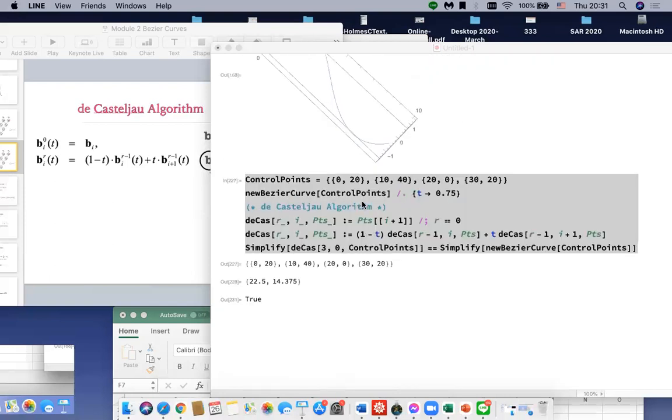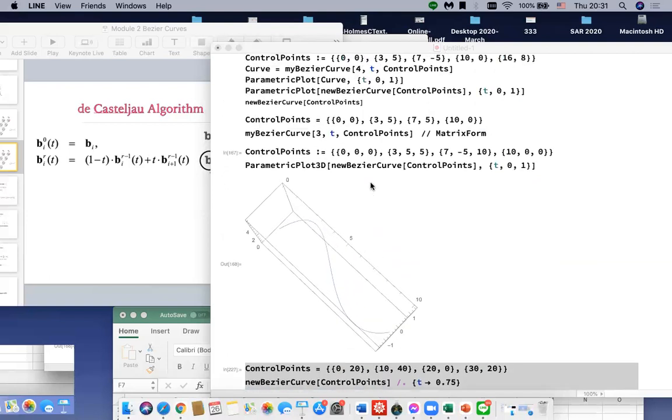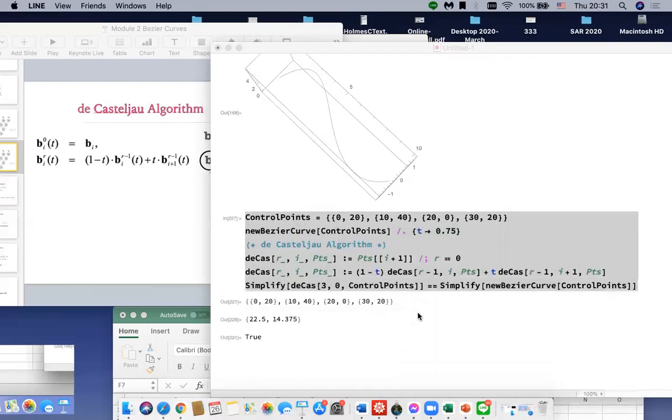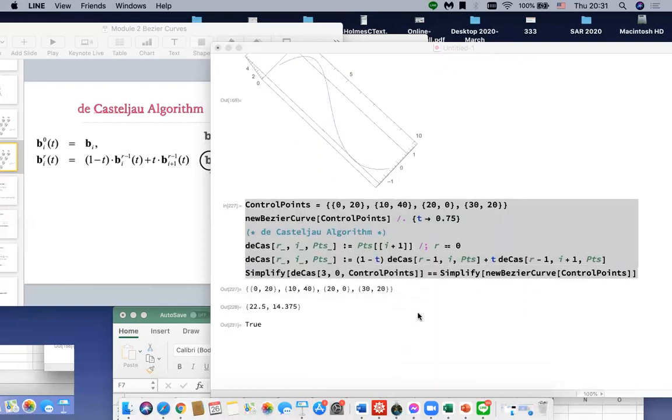You can also use the Casteljau algorithm to do the same thing, just change the control points here and get the result. You can use ParametricPlot if you want to draw in 2D, or ParametricPlot3D to draw the curve in three-dimensional space. It's up to you.